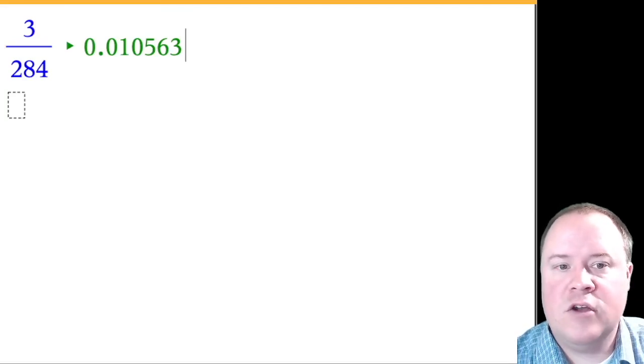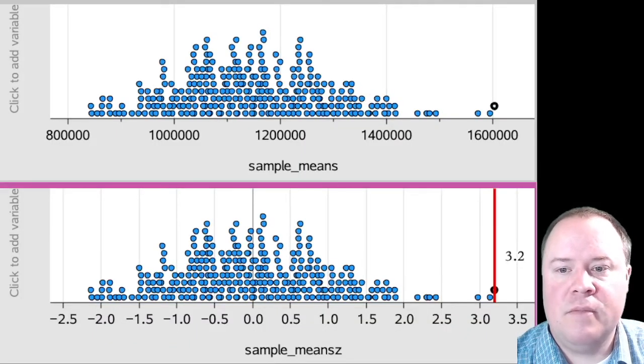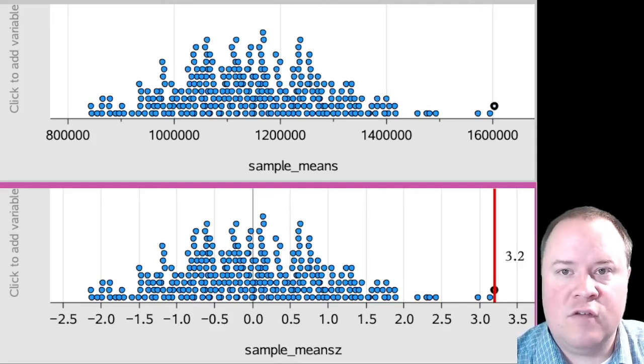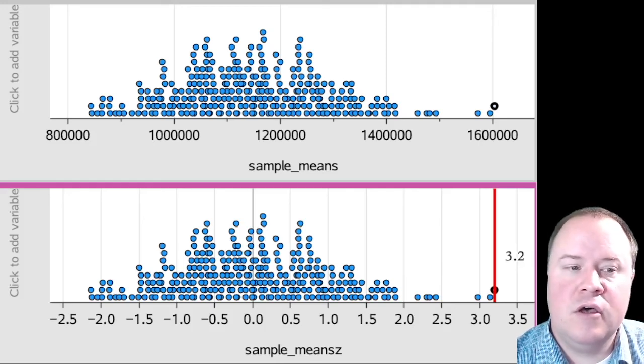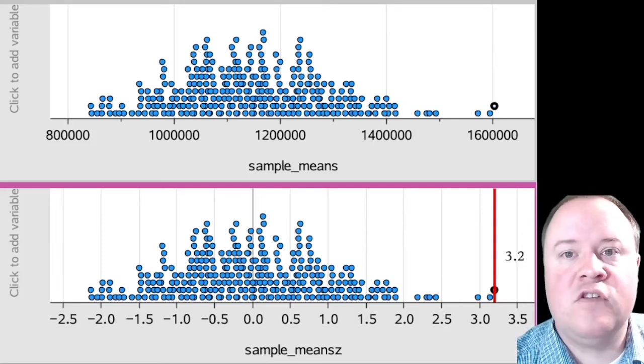In other words, 1% of the time a random sample of 100 gives us a mean greater than 3 standard deviations away from the population mean. That's extremely small, very unlikely to happen by chance.